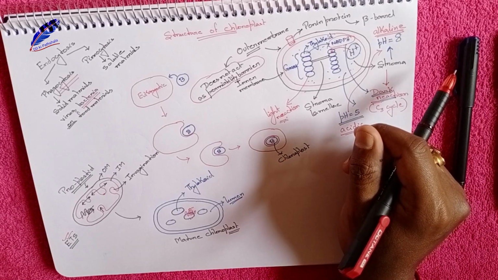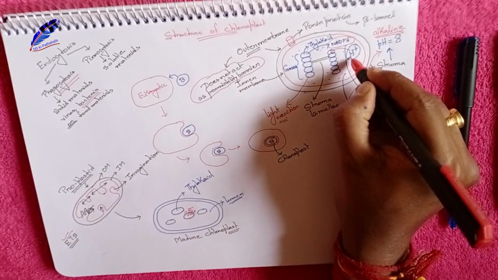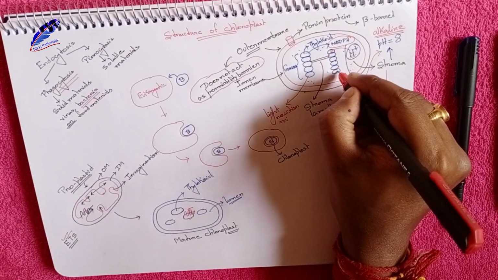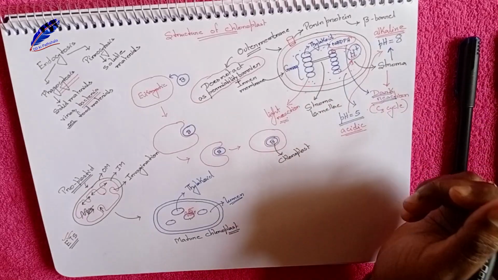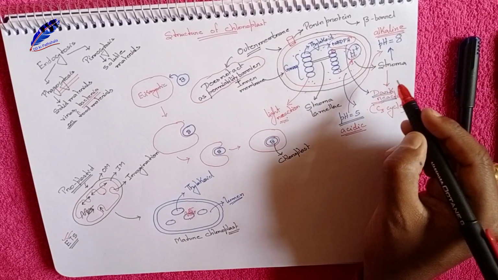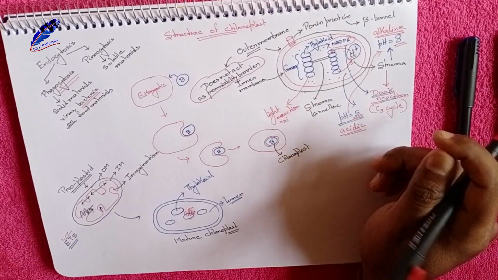At night, when photosynthesis does not take place, this hydrogen ion from the thylakoid again comes out to the stroma, and the pH of the stroma from 8 gets shifted to pH 5.